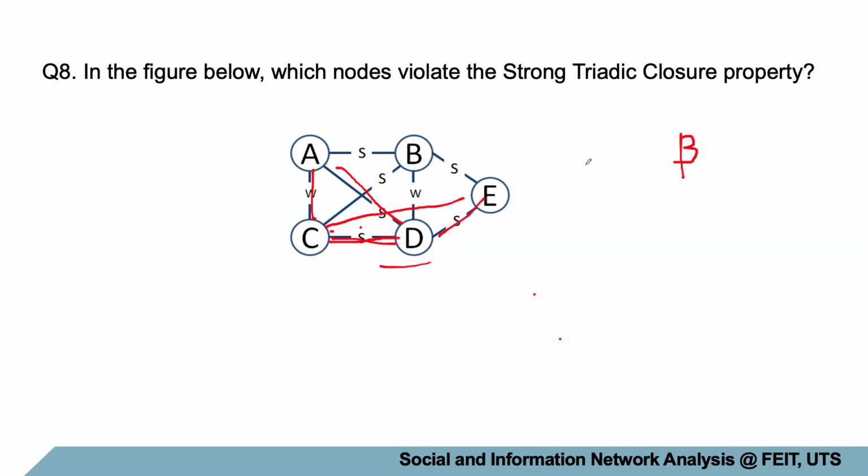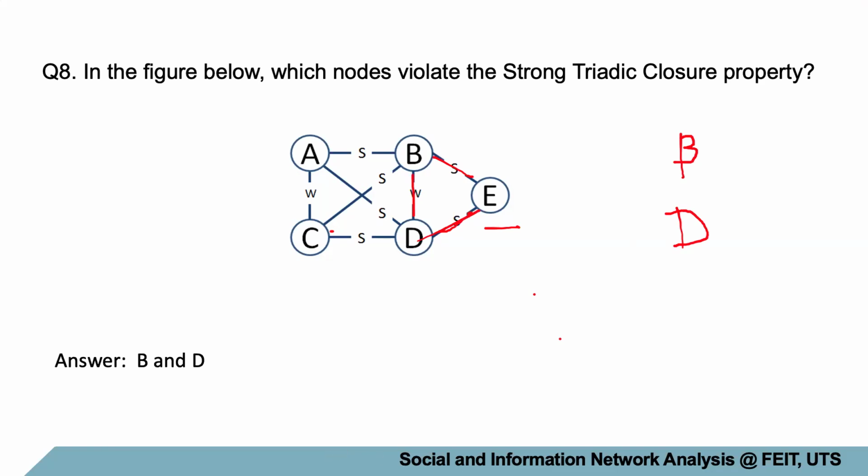So D also violates the property. Next we check E. E has two strong ties, EB and ED, and BD is here. So E satisfies. So the answer is B and D.